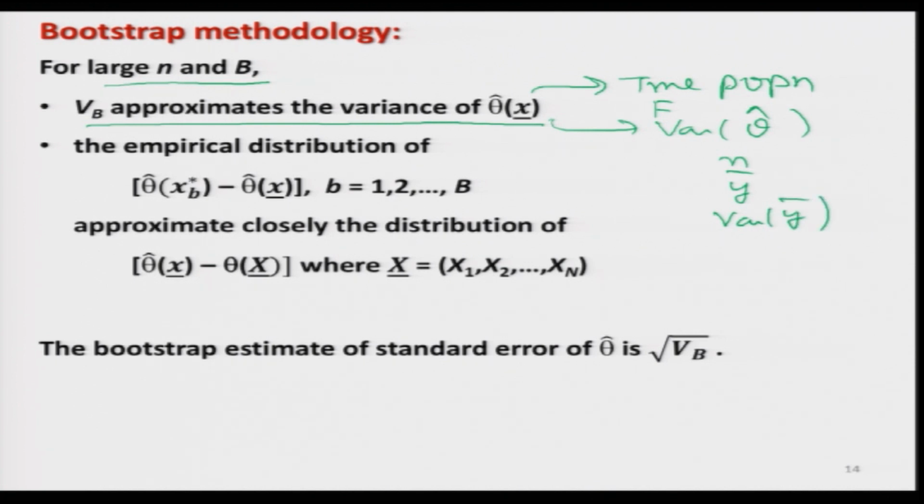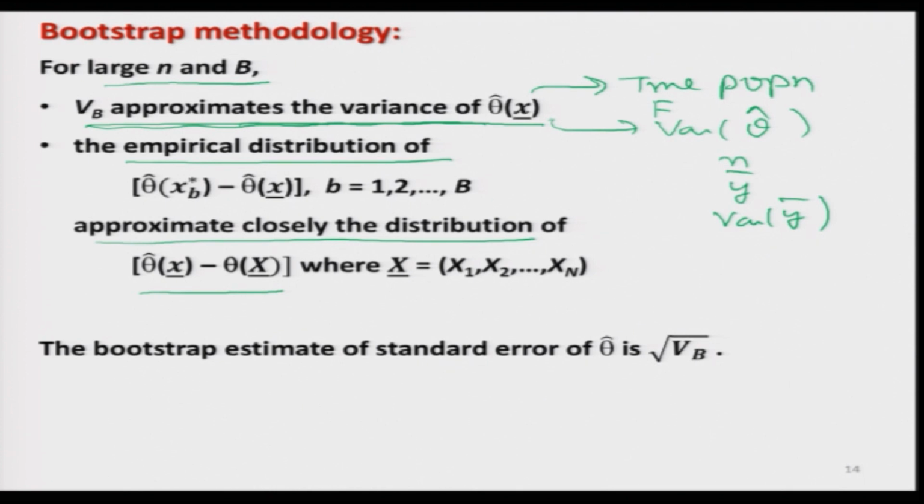So, what bootstrap is saying is that VB will approximate the variance of theta hat x, and the empirical distribution of theta hat x b star minus theta hat x underscore will be approximately close to the true distribution of theta hat x underscore minus theta x underscore, which is here the population.